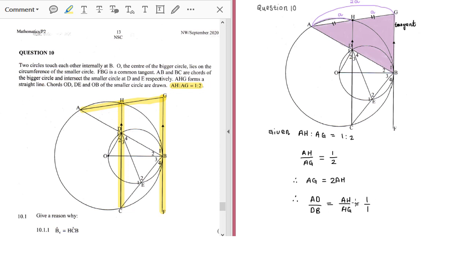So this basically states that AD is equal to DB, making D the midpoint of the line segment AB.